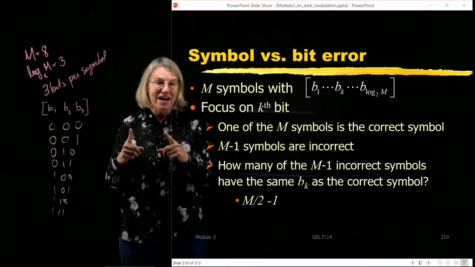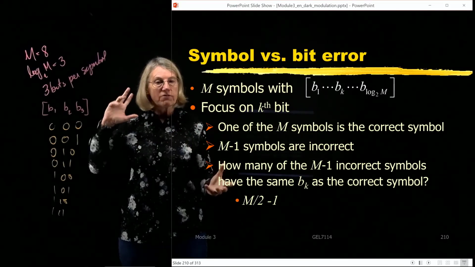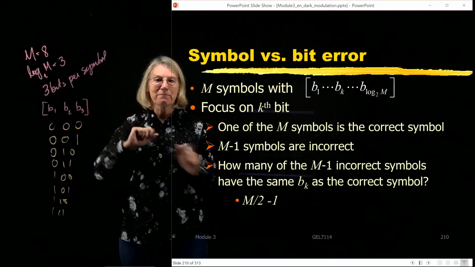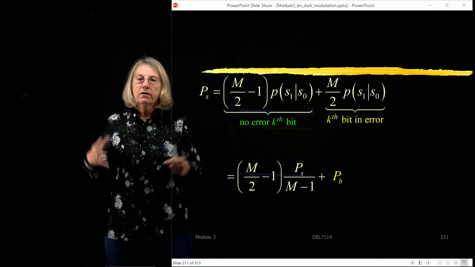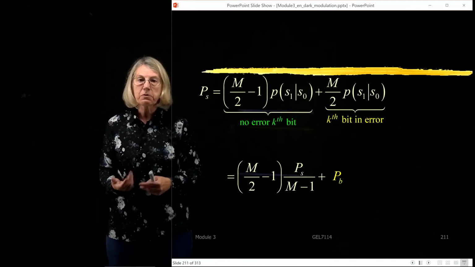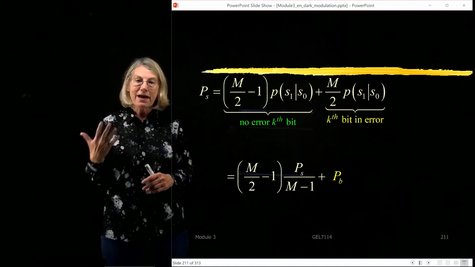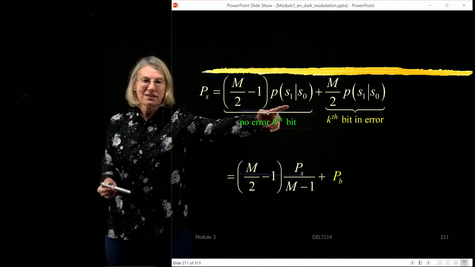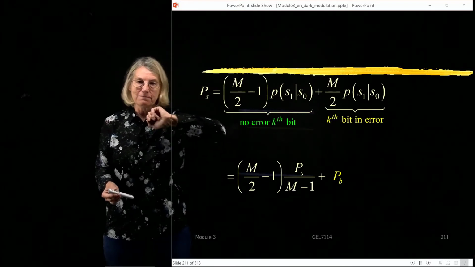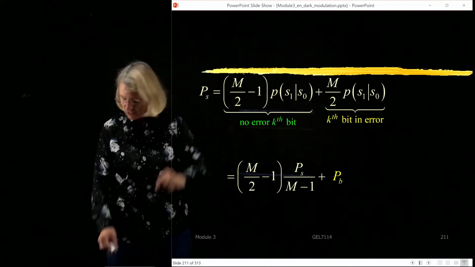So how do I use that observation to go from symbol error rate to bit error rate? Well, the way I'm going to do that is I'm going to take the symbol error rate and break it into 2 pieces. I know that it's m minus 1 times the conditional probability.